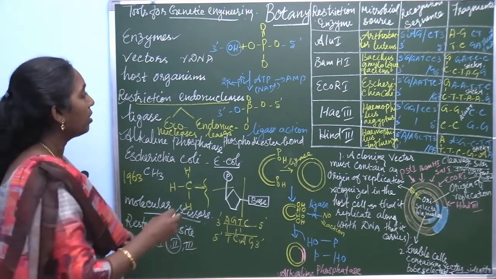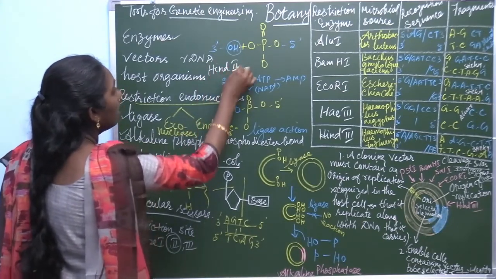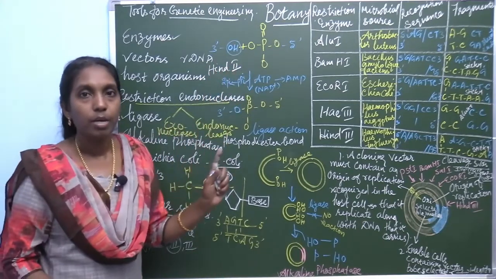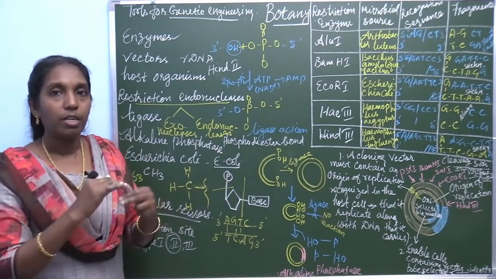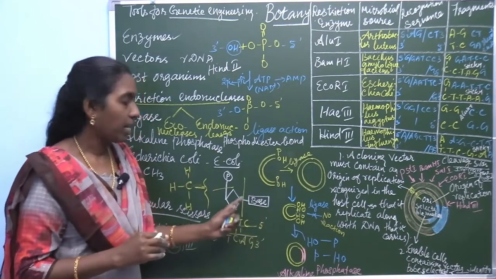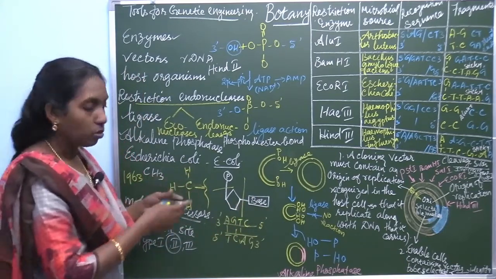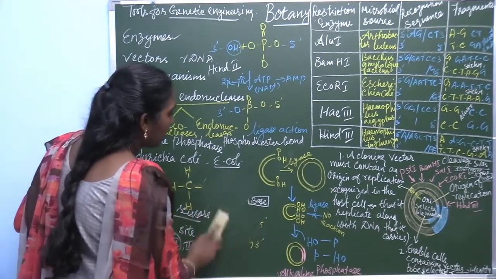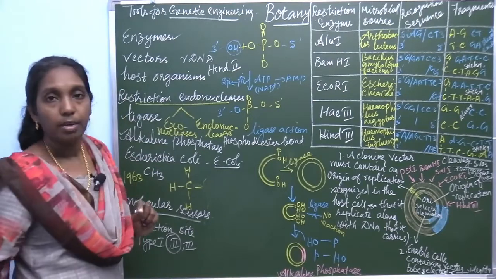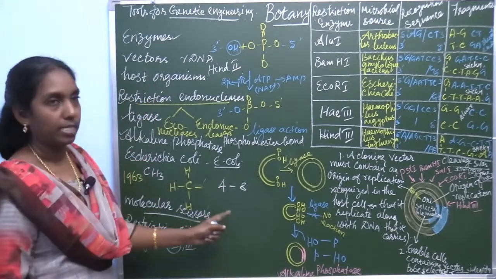One example is HindII. This is a restriction enzyme used to cleave base pairs in a specific sequence, commonly between 4 to 8 base pairs.